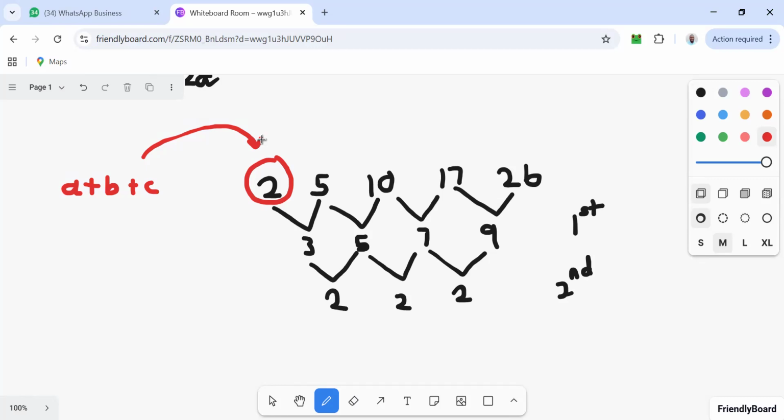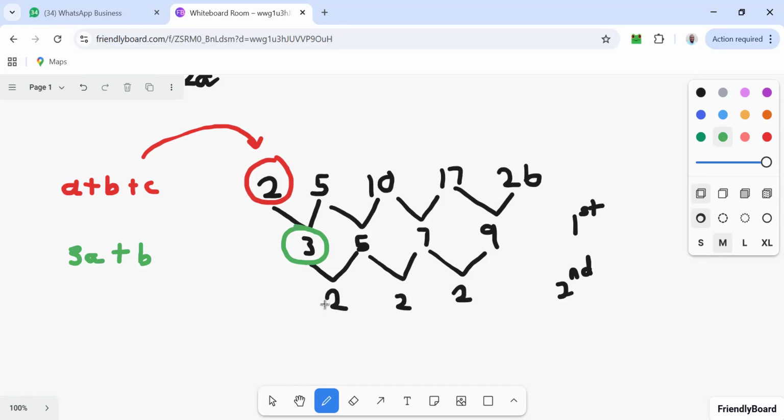Now the next rule, which is 3a plus b. So 3a plus b is equal to the first term of the first difference row.